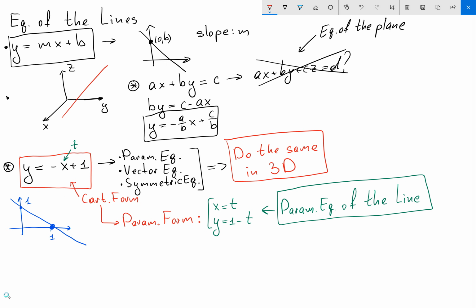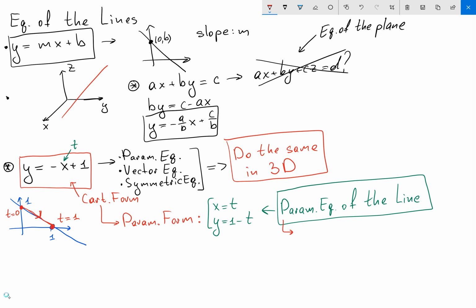So first, let's discuss when t equals 0, what is my point? When t equals 0, my point is exactly x is 0, y is 1. Okay, but what about when t equals 1? When t equals 1, I have x is 1 and y is 0. So I have this point. According to the parametric equations, I know that my direction on the line goes this way. So if my particle starts at t equals 0 at this point, when my time increases, it goes over here.